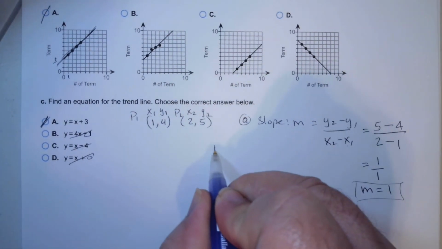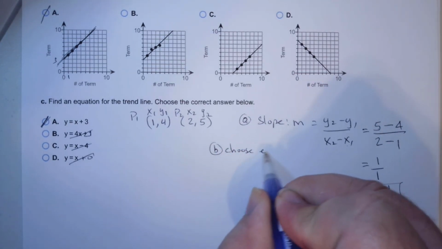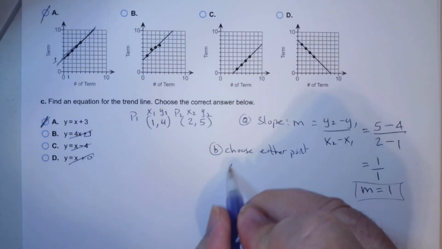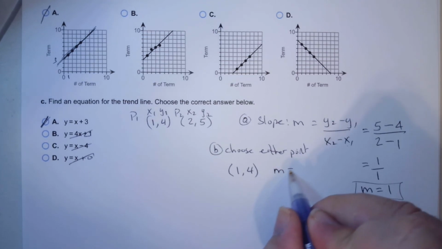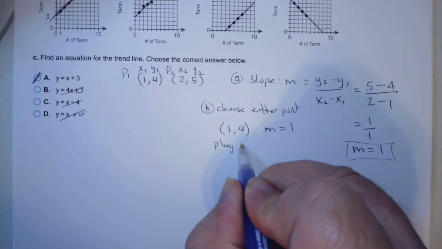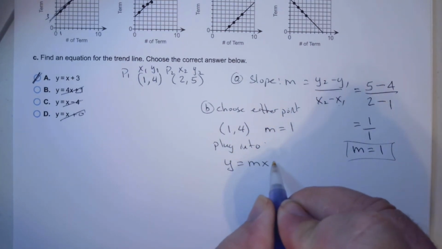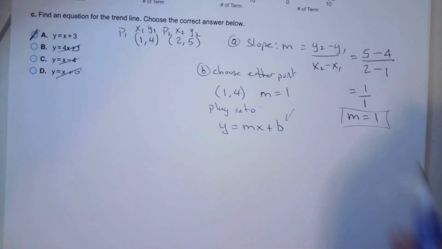Second part. Choose either point. I'm going to use 1, 4. And I know my slope. Plug into the equation y equals mx plus b. We have to find the y-intercept.